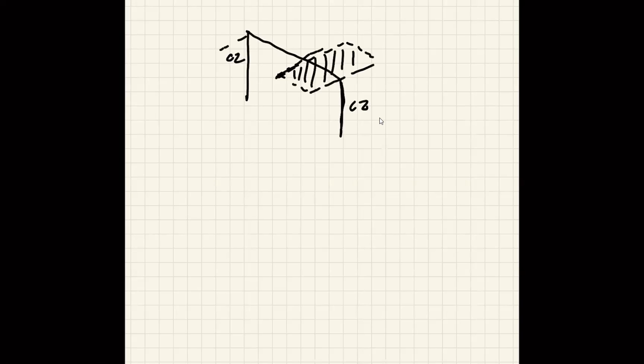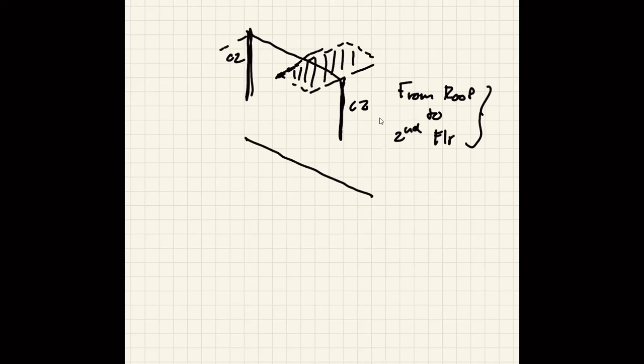So this is from roof to second floor. From roof to second floor, these columns are carrying the roof. Okay, and then you go down to the columns from second floor to ground.